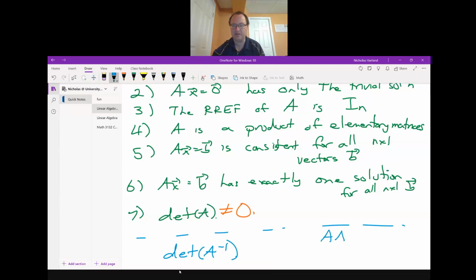The property we can use is that A times A inverse is I, and take the determinant of both sides, noting now that we can split these two up. Namely, the determinant of A times the determinant of A inverse is equal to the determinant of I, and we know the determinant of I. So this is 1 over the determinant of A. Of course, the determinant has to be non-zero, but it had to be non-zero for the inverse to exist anyway.